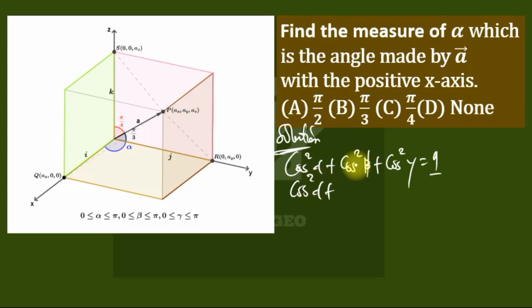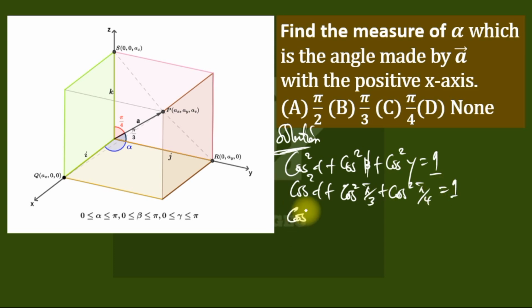Beta is the angle made by the vector and the y-axis, which is pi over 3. So I have cos squared pi over 3, plus gamma is pi over 4, so I have cos squared pi over 4, is equal to 1.